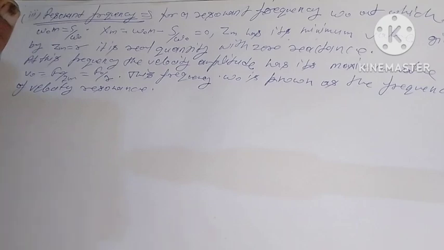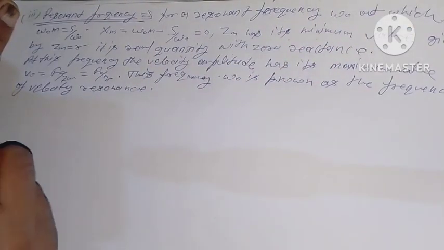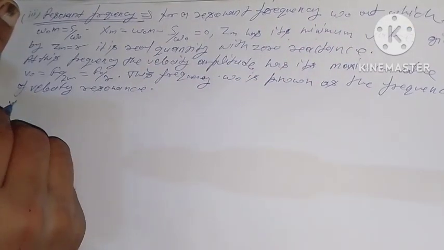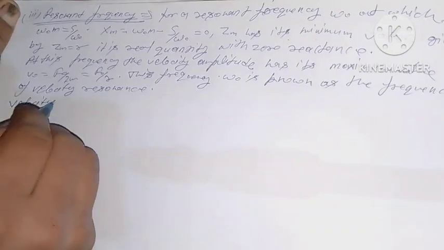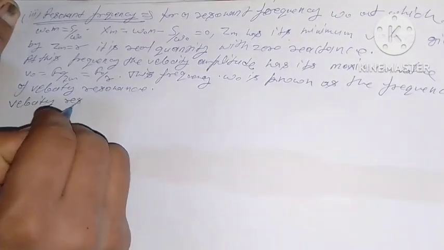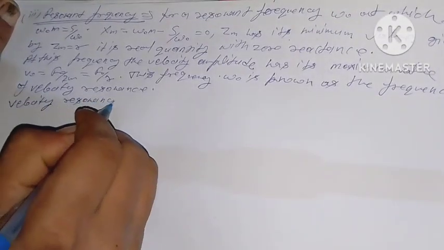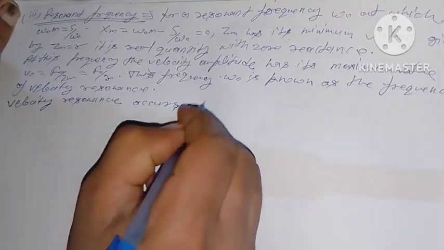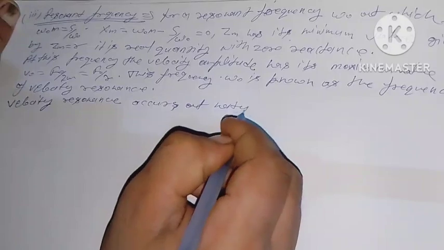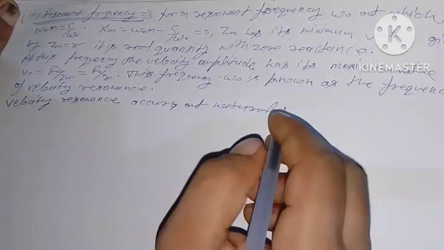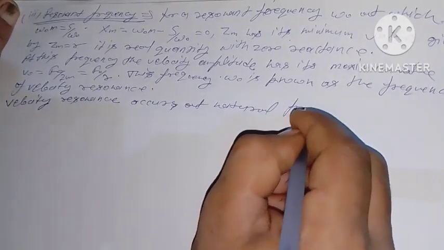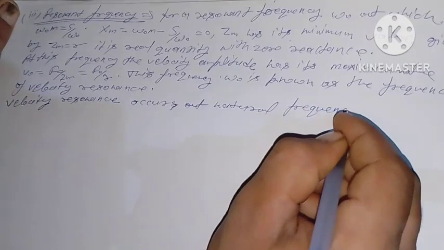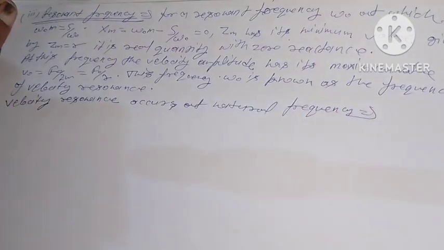Velocity resonance occurs at the natural frequency of the oscillator.